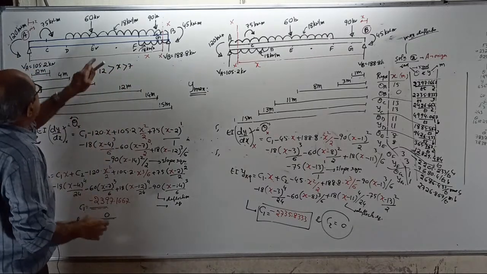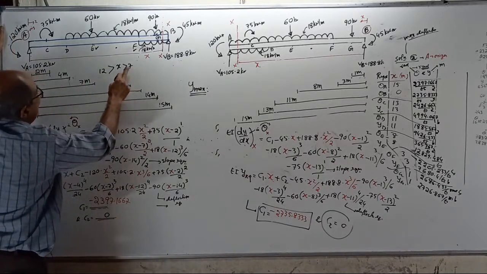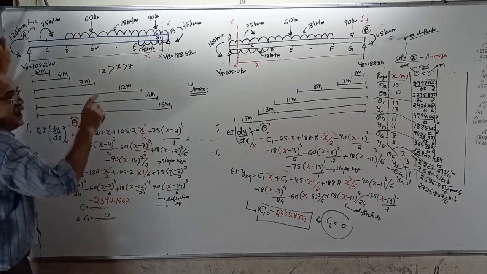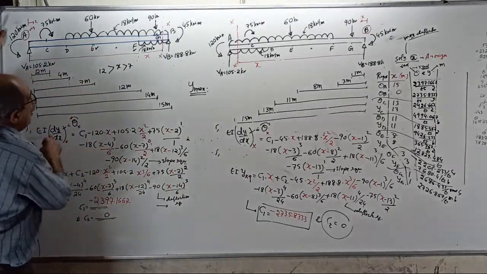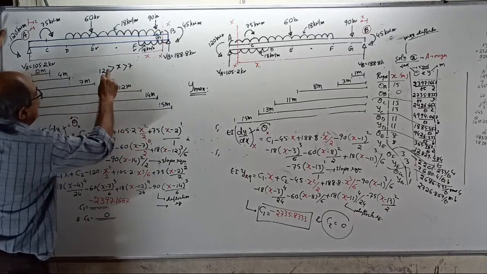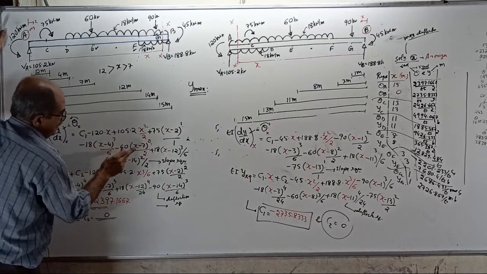After E, between F, from A origin, more than 7, less than 12. At that point, slope should be 0. Equate the slope to 0 for x more than 7, less than 12.